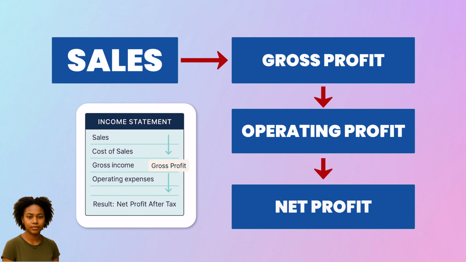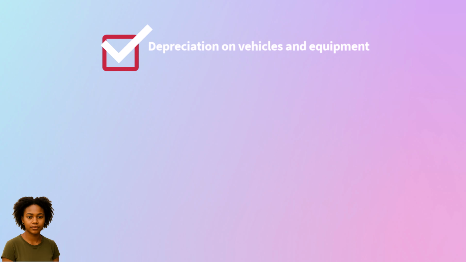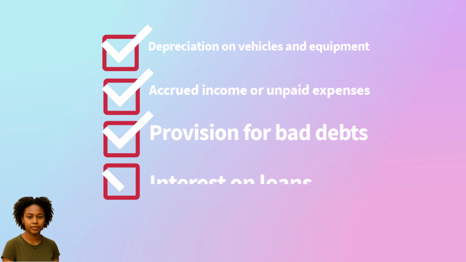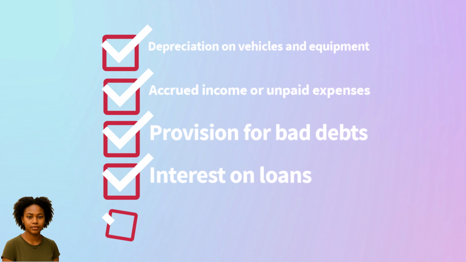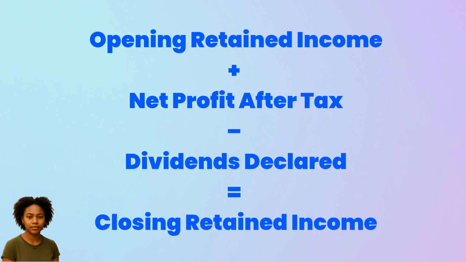Every adjustment in the question affects one of these sections. Adjustments are where marks hide. Check for depreciation on vehicles and equipment, accrued income or unpaid expenses, provision for bad debts, interest on loans, dividends declared before year end. Then complete your retained income note using this formula.